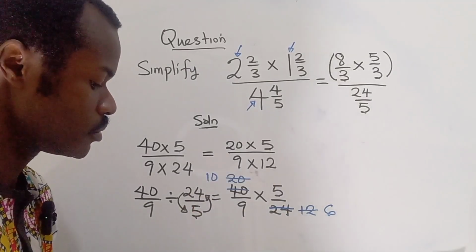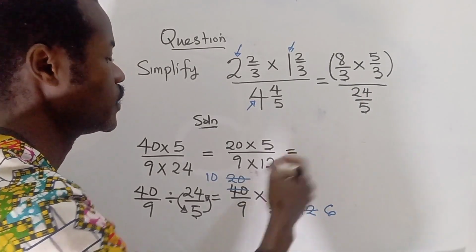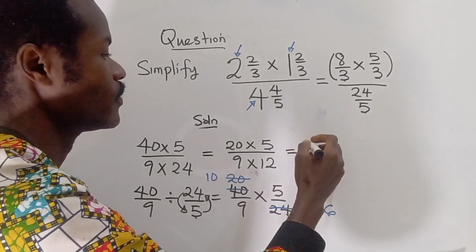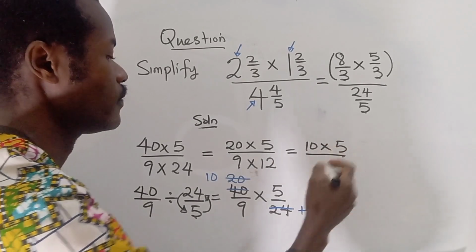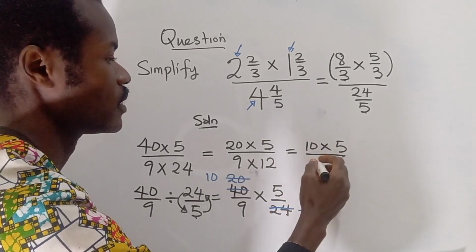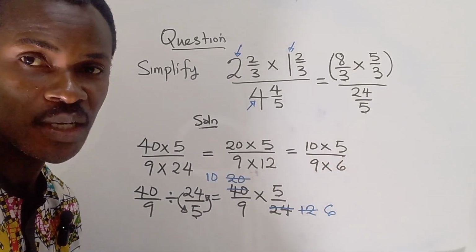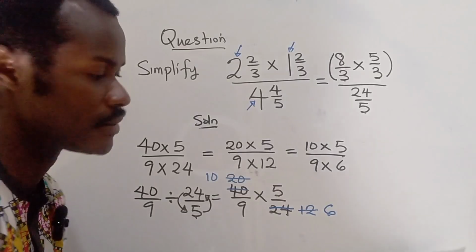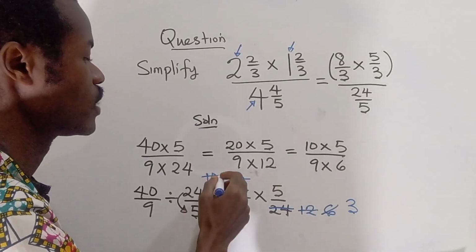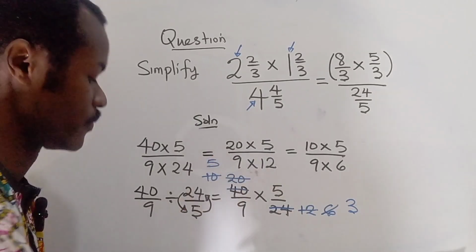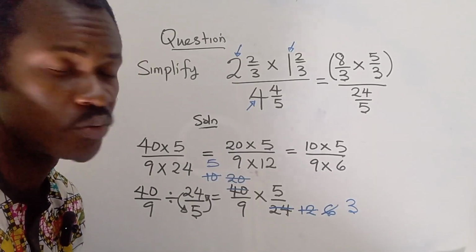So from that, we have our expression as 10 times 5 divided by 9 times 6. Now, can we further reduce this? Yes. 2 can divide this, which is 3, and 2 can divide this, which is 5. So that is the last we can reduce it.